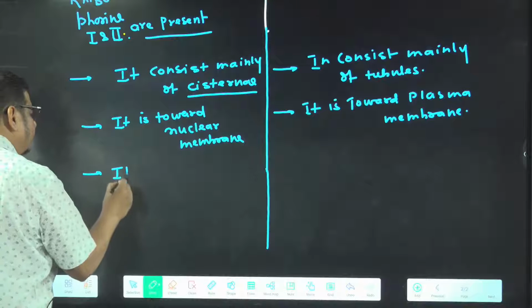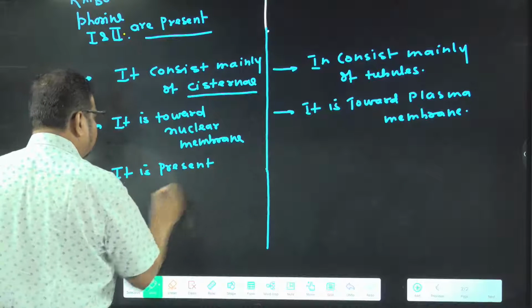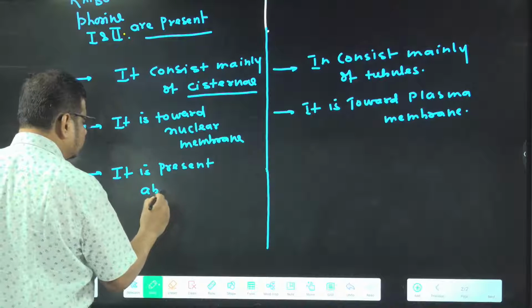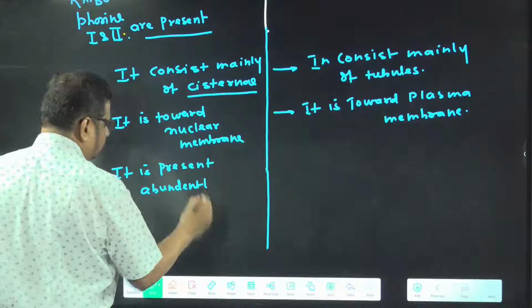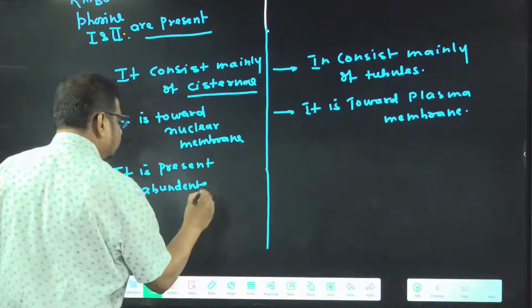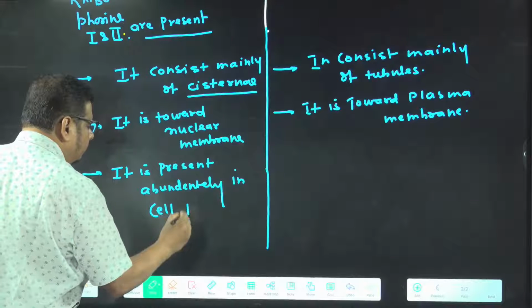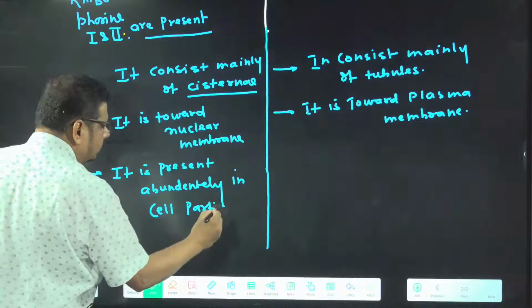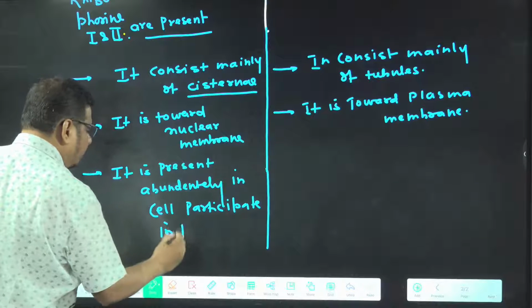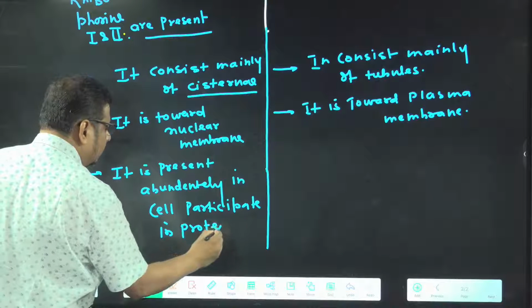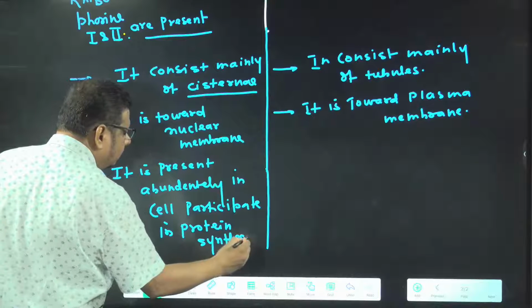So it is present abundantly in cells that participate in protein synthesis. Who is abundantly present in protein synthesizing cells?